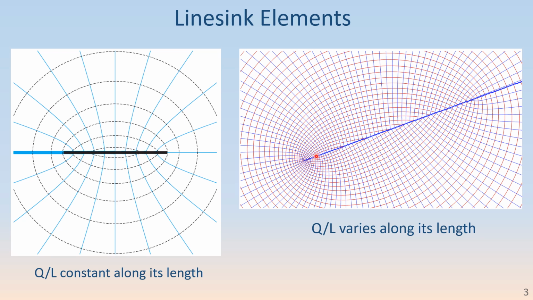And because there's a net extraction, that jump in the stream function extends off towards infinity in one direction or another. Here's the end of the line sink, but this thing called a branch cut, which is a discontinuity in the stream function, continues off to infinity. Same thing occurs in this plot, going to the left of the line sink.